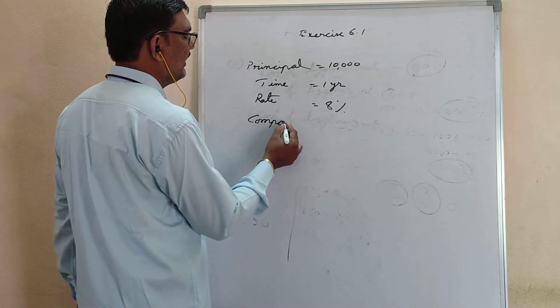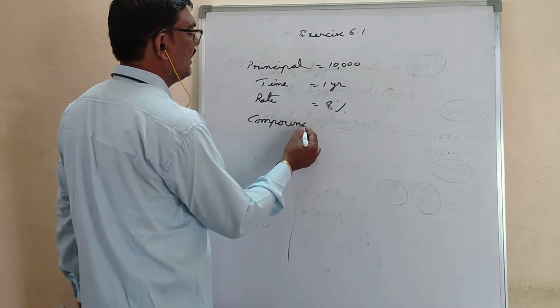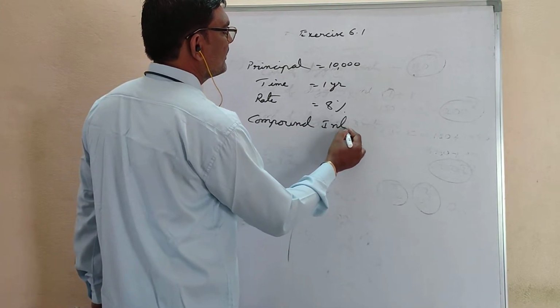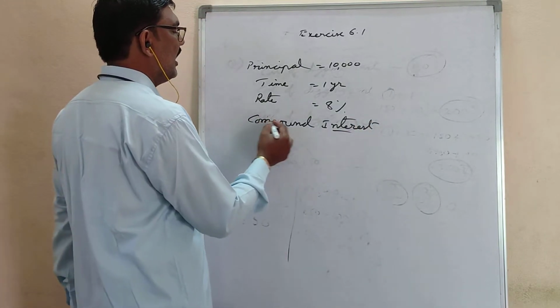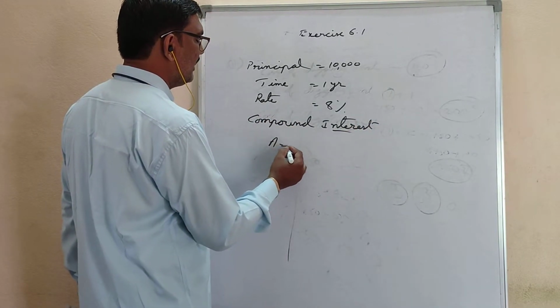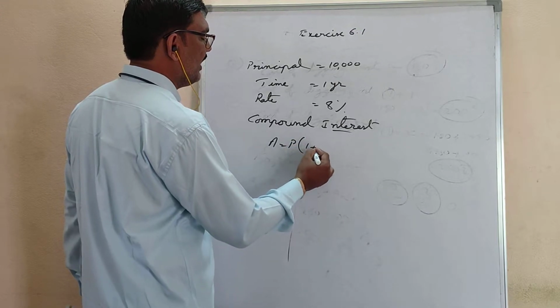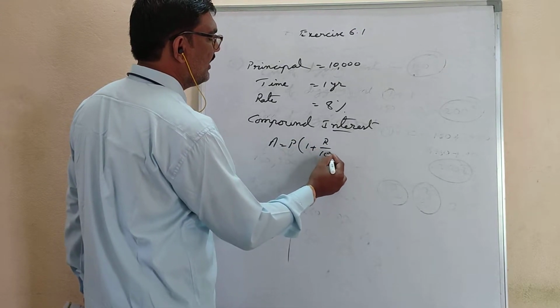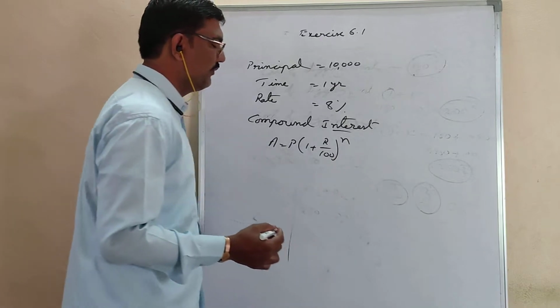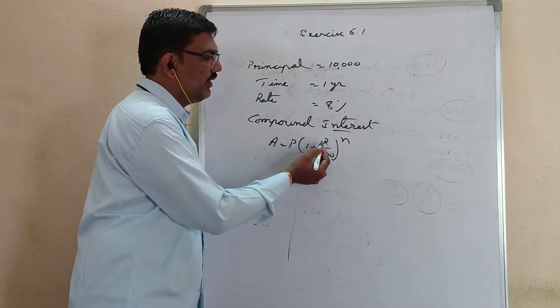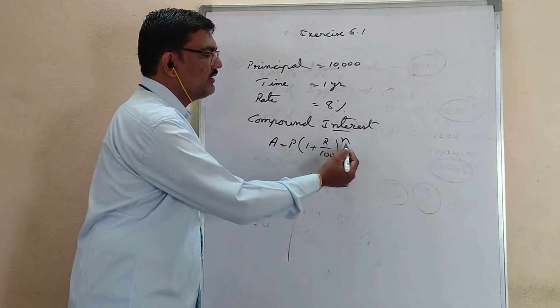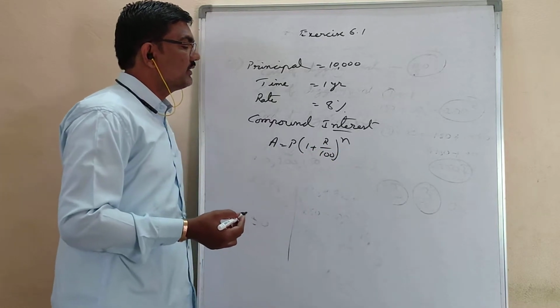Now compound interest. We have two types of interest. One is simple interest, the other is compound interest. So compound interest means amount is equal to P into 1 plus R by 100 whole to the power of n. In this, A stands for amount, P stands for principal, R stands for rate of interest, n stands for number of years.